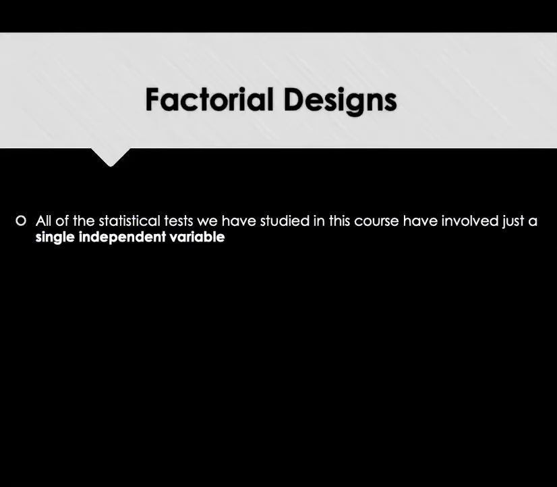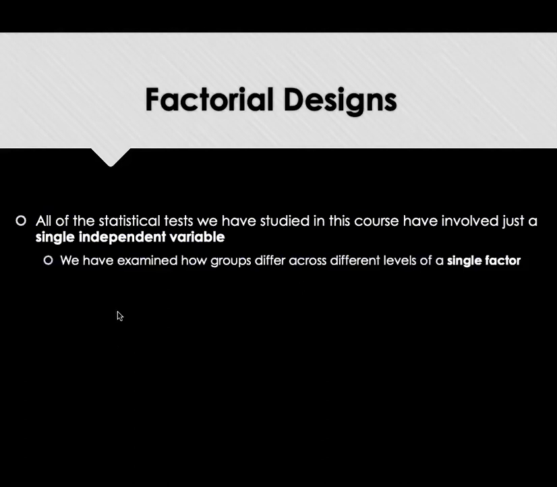So, factorial designs. All of the statistical tests that we have done so far have involved just one independent variable. So we've examined how groups differ across different levels of a single factor, right?